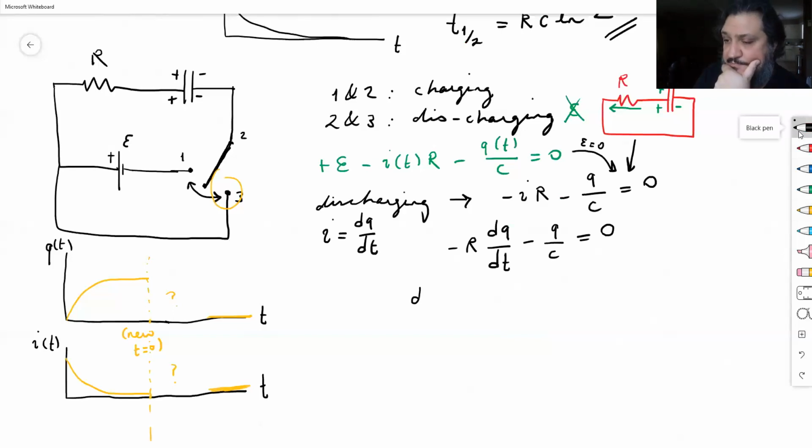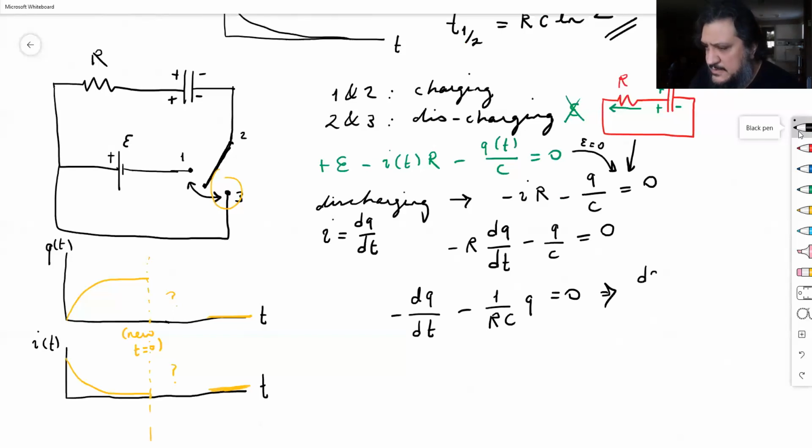So divide by R: dq by dt minus 1 over RC Q is equal to 0. Therefore, dq by dt will be equal to negative Q over RC, right?